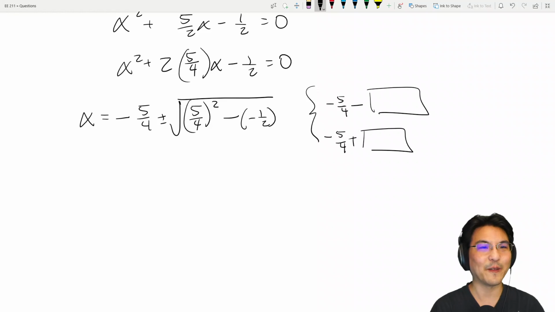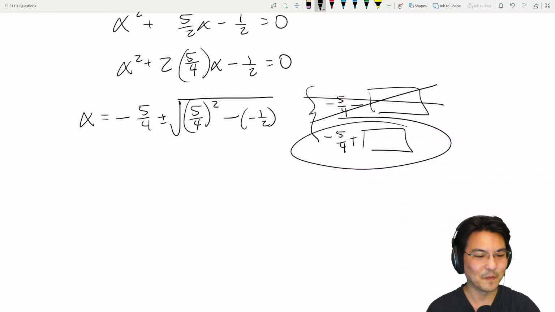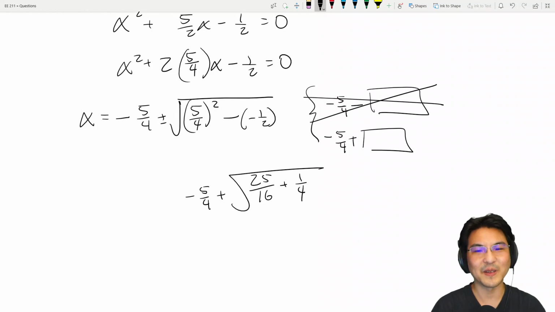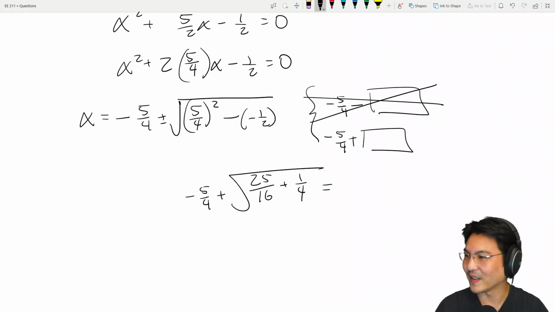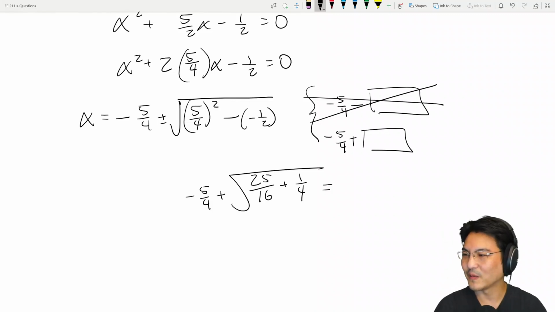So we can't have alpha being negative. That's like turning the dial below 0, so that's not going to have any physical meaning, just this one. Okay, so 25 over 16 plus 1/4. So this one, and I punched that in the calculator, and I got about 0.186.